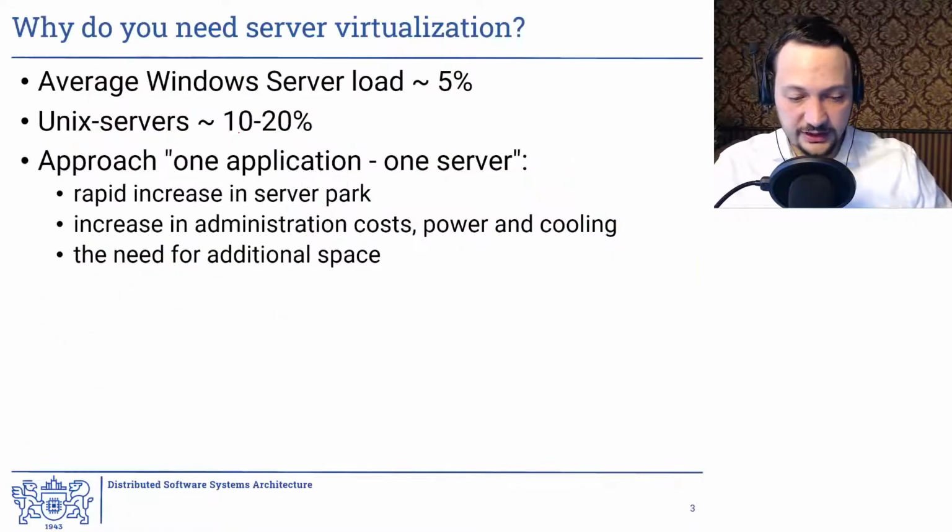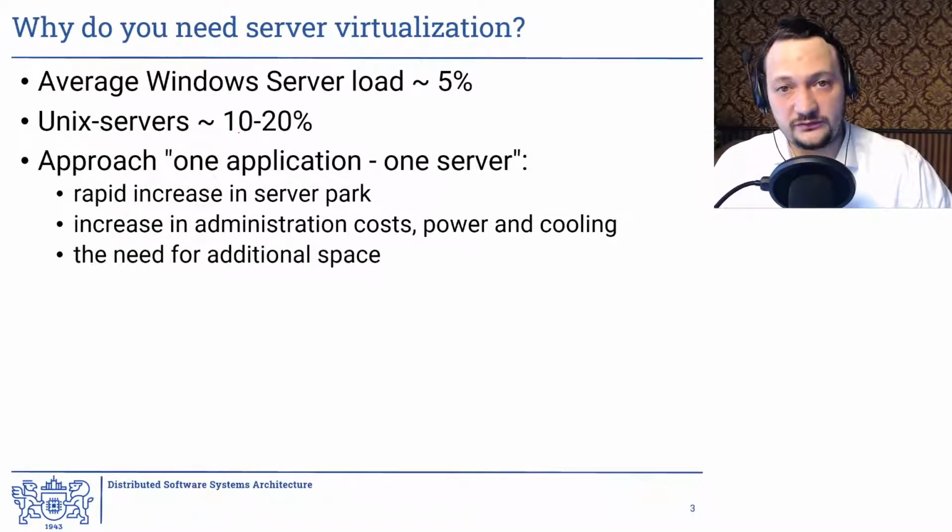So let's go back to the slide, and as you can see here, the average Windows server load is about 5%, and for Unix servers it's about 10% or 20%. And this approach that we discussed on this slide, one application, one server, does not allow us to effectively use the resources of our data center.